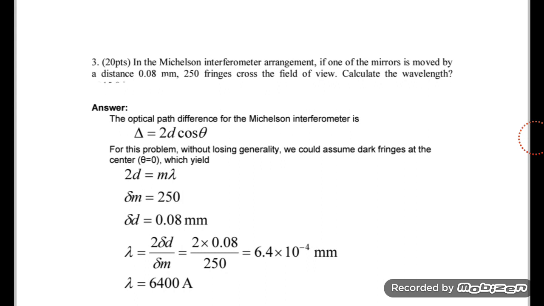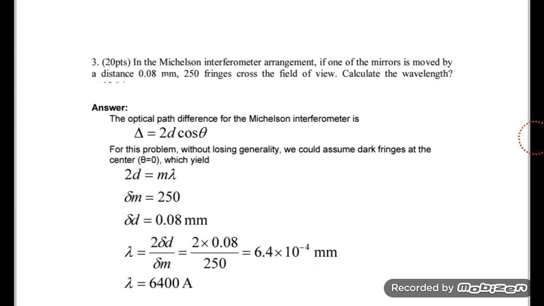As we know, the formula for optical path difference is 2d cos theta. For this problem, without loss of generality, we could assume a dark ring at the center, that is theta equal to 0.